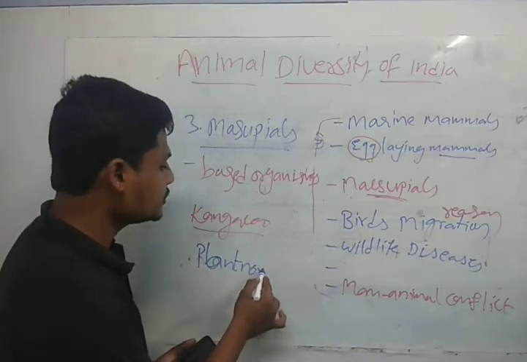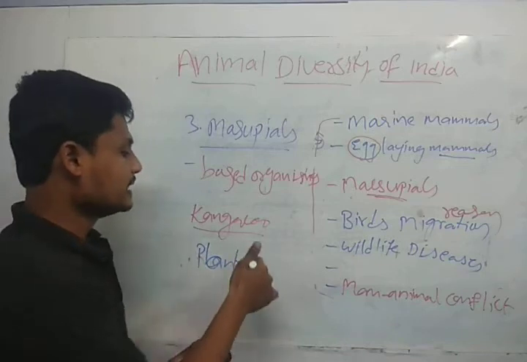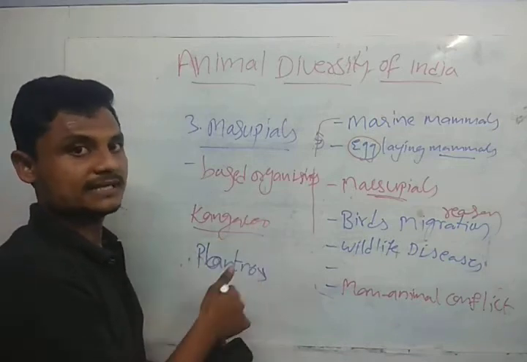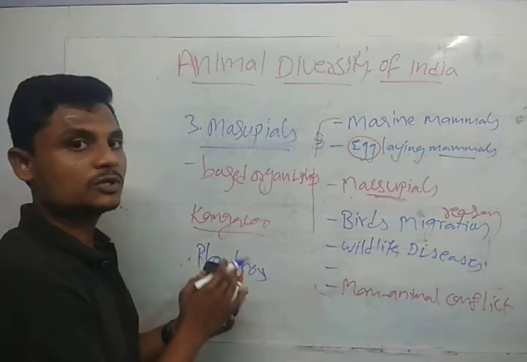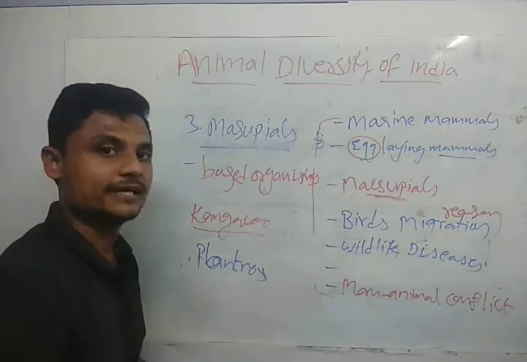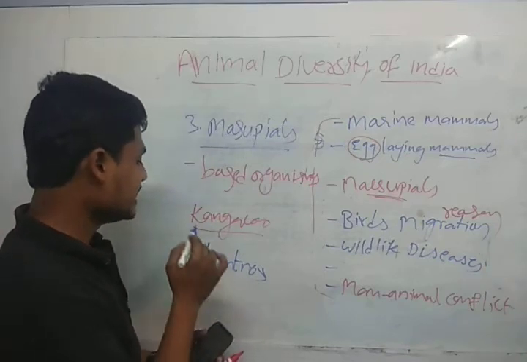This is going to help send the nutrients and the water to the young one present inside, that is the embryo, and it will also help to remove the waste material from the body, guys.